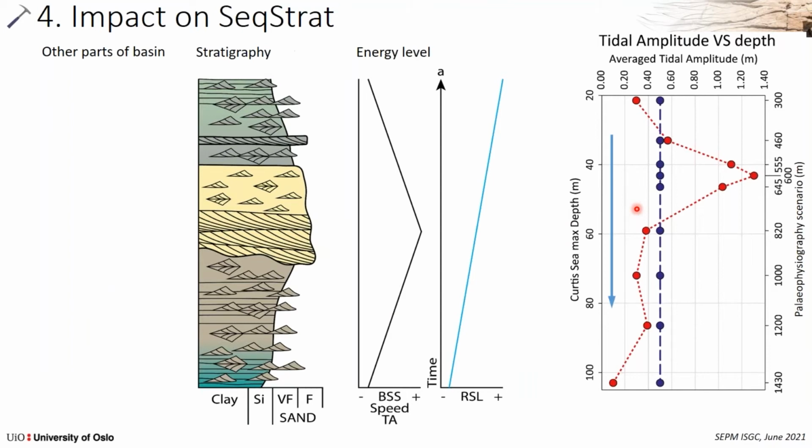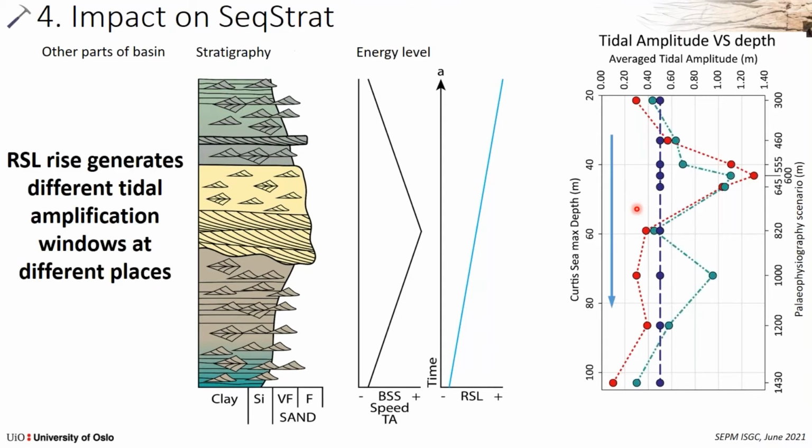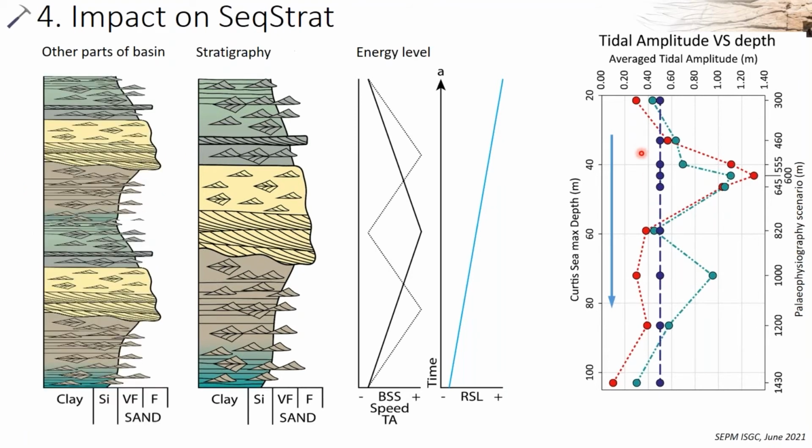And this red curve is from, let's call it area A. And then we have this green curve, this is for area B. And we saw that in area B, maybe you have these additional tidal harmonics, so these additional tidal amplification windows. Meaning that now if I have a constant relative sea level rise throughout the basin, in area A I will only have one bigrading succession.